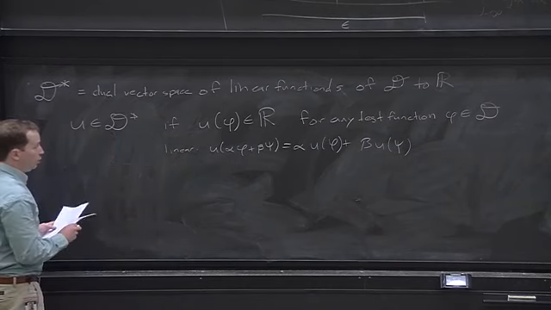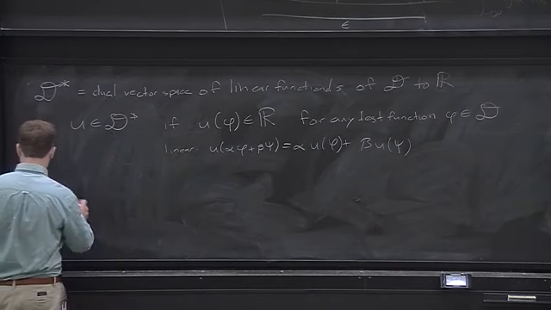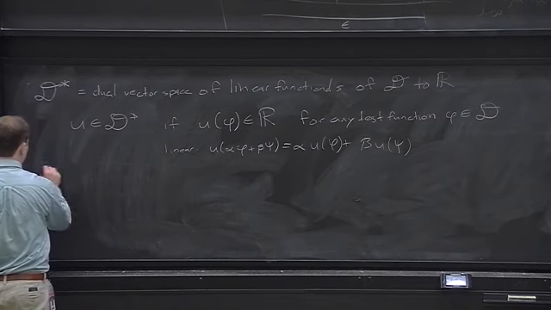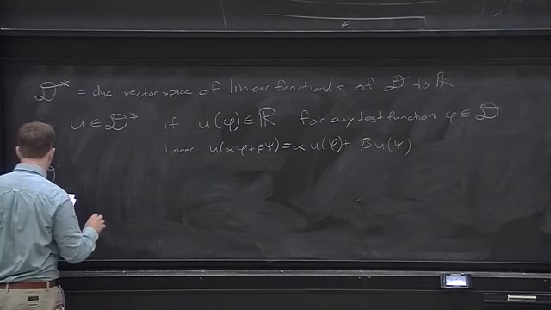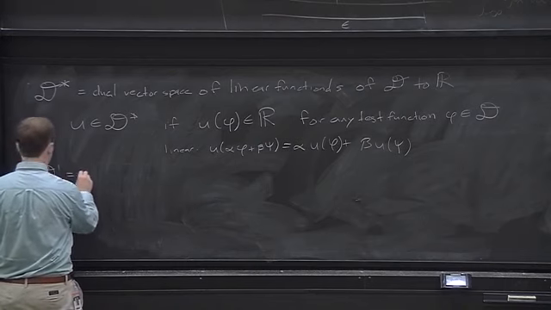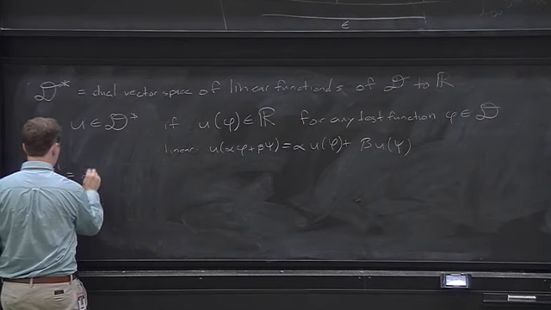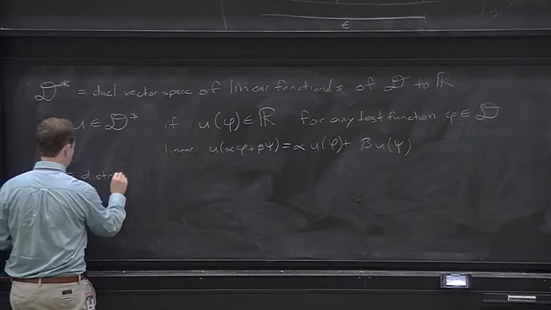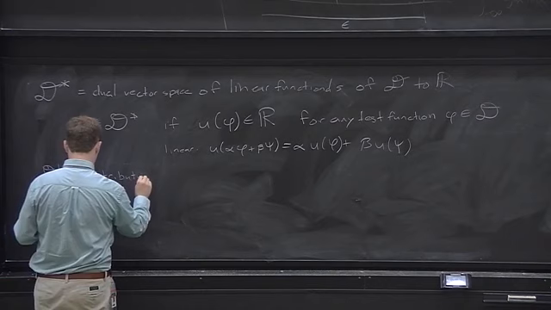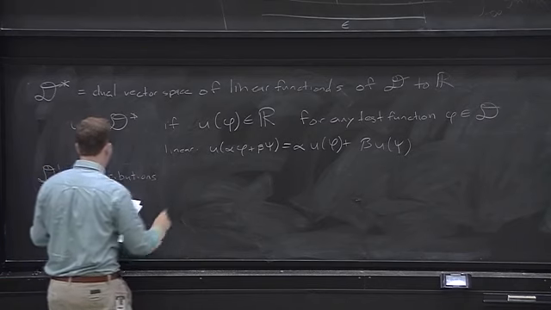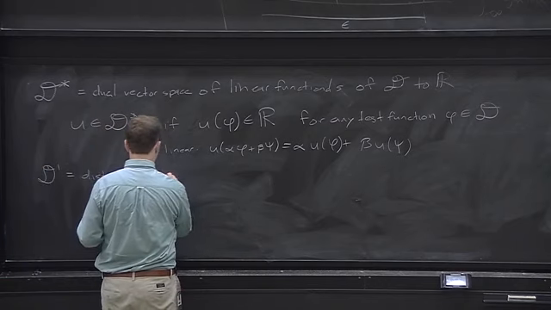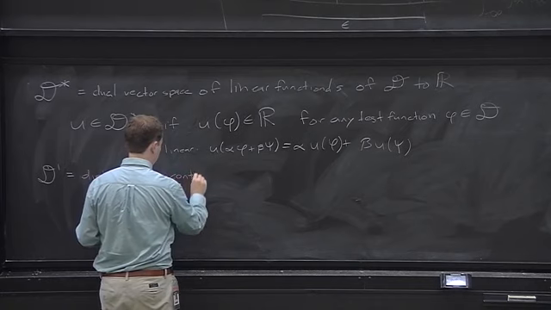So we want to put one more restriction in order to get the space of distributions, and so we'll call D prime the space of distributions, and it's a continuous dual space.